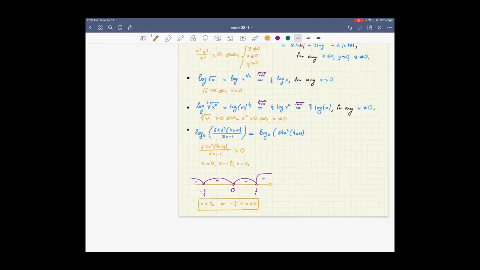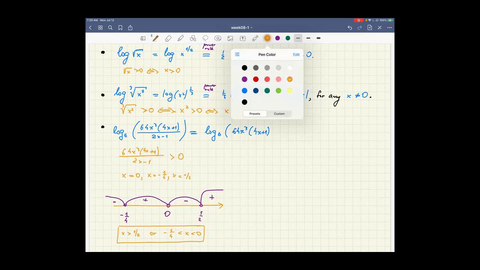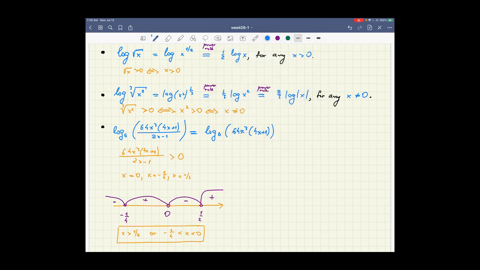All right, now we apply the quotient rule to say that this is log of the numerator minus log of the denominator. Stop and think. This is all right because this requires that x be greater than 1/2, and that is something that we have.